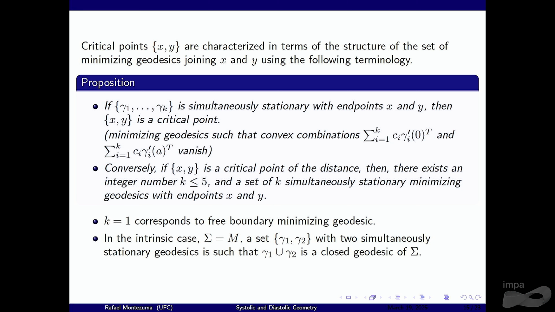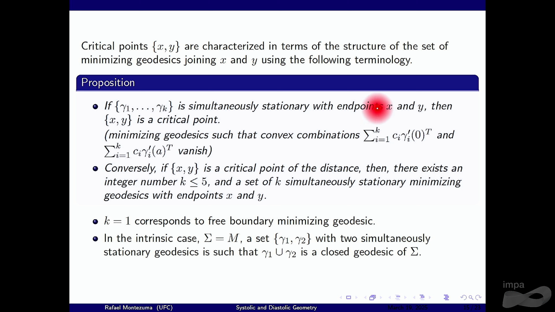And since we have this characterization of simultaneously stationary minimizing geodesics in terms of convex combinations of these vectors, here the orthogonal projections of the speed vectors in the tangent space of sigma, because here we are also considering the embedded case.